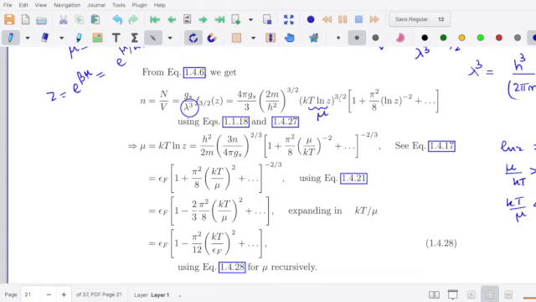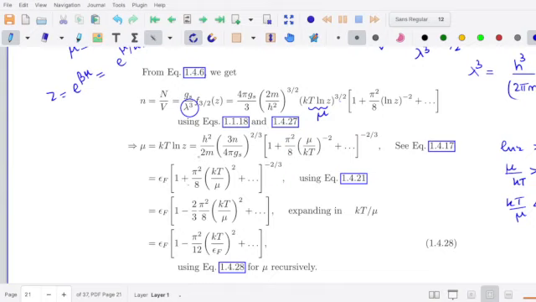Now kT by mu is a small number, and therefore this quantity is small. Remember, all other terms are going to be smaller than this as well. So this is (1 plus x) to the power minus 2/3, where x is a small number, and I can use the binomial expansion to expand it into a series. The series terms would be powers of x, and since x is very small, higher order powers of x can be neglected. That is exactly what we are going to do now.